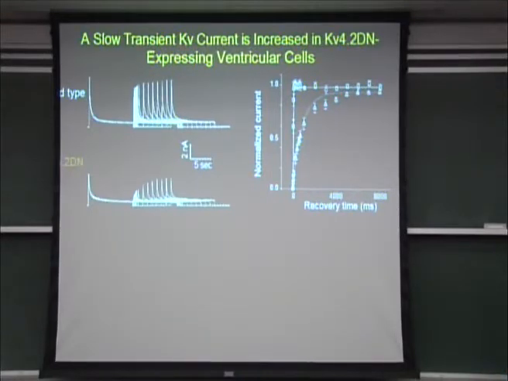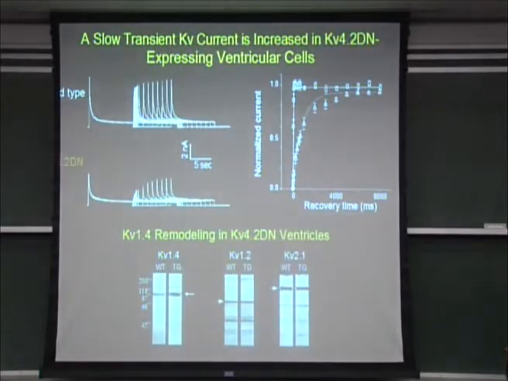cells. And as I indicated a couple slides back, we had speculated for a variety of reasons that the slow transient current would be encoded by a distinct gene family, and specifically by the KB1. And at the time we were doing these experiments, Barry London and his colleagues made a knockout of the KB1.4 locus, so we thought it would be worth testing whether or not KB1.4 could encode the slow transient current.